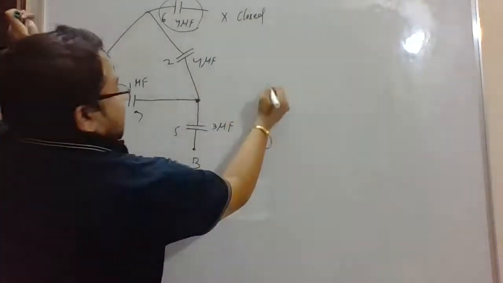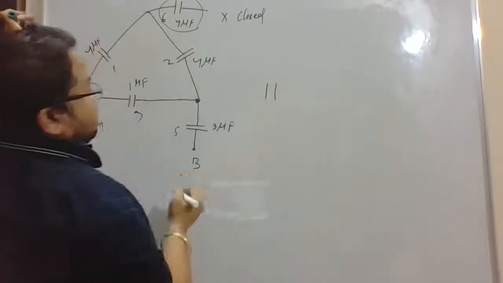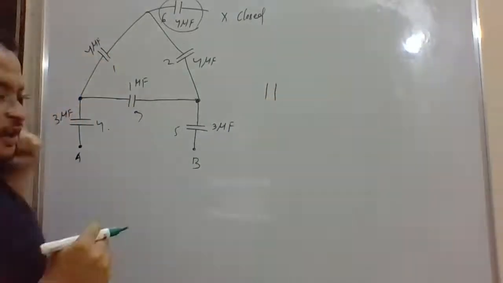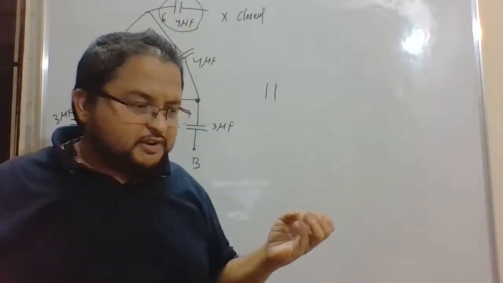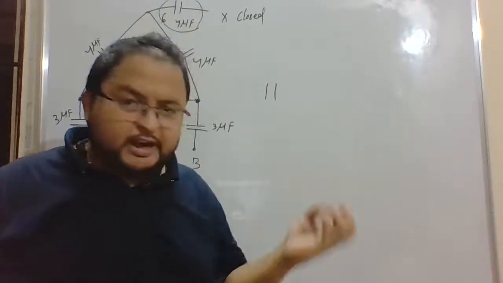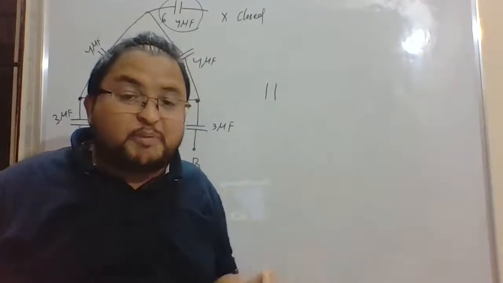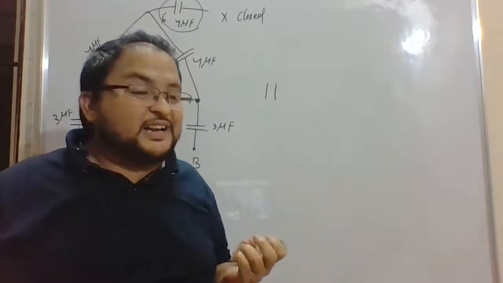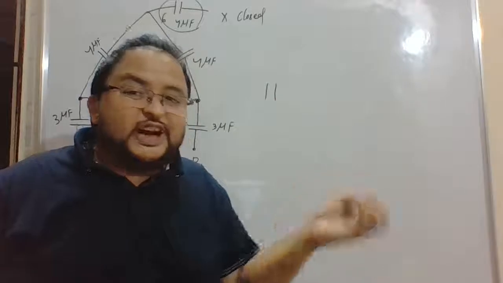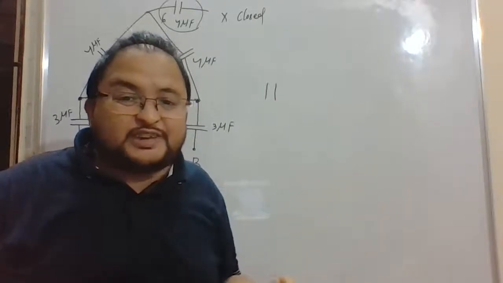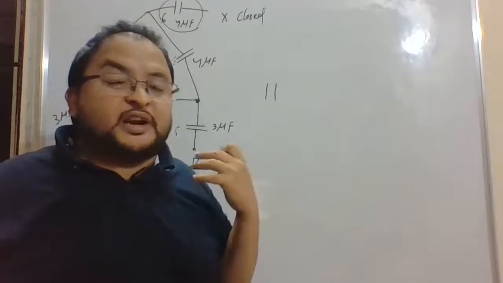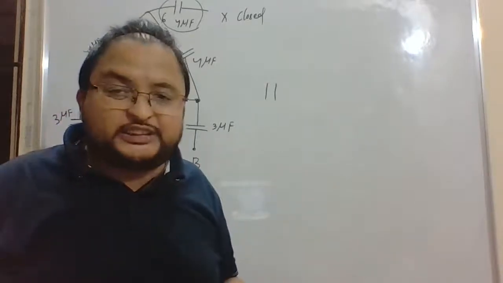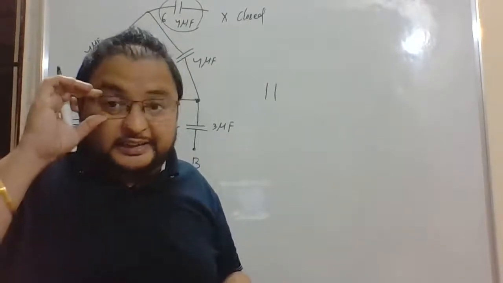So just imagine you buy a capacitor from the market, say a 10 microfarad capacitor, and unless you have charged it, obviously it does not have any effective capacitance, and it cannot dissipate any charge to the electrical circuit that it is connected to.